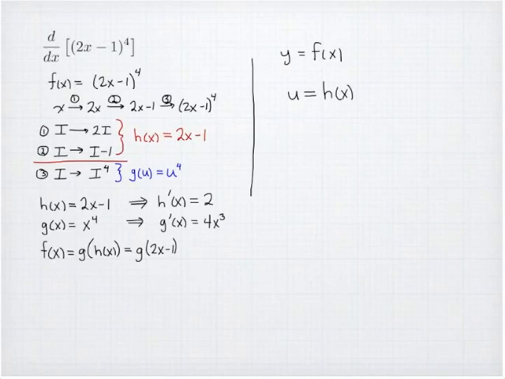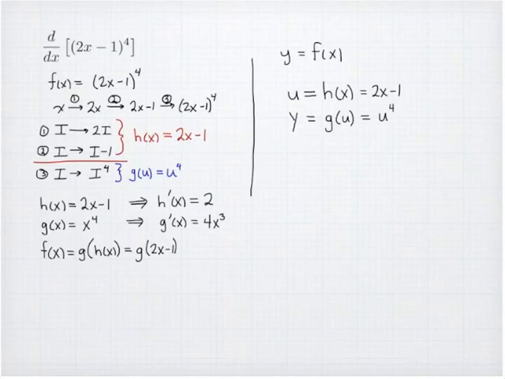And then we'll say y is the outside function, oops, I meant to say g, of my chain variable u. So u is equal to 2x minus 1, and y is equal to u to the fourth power.